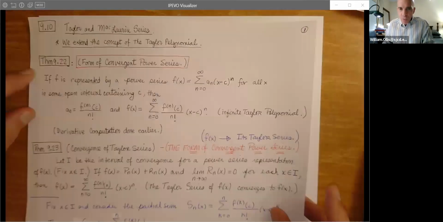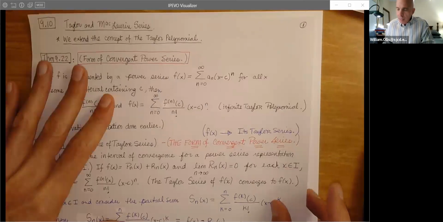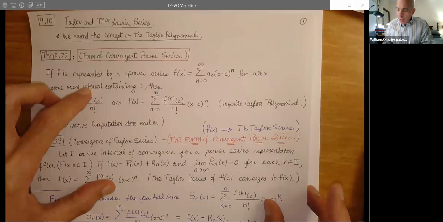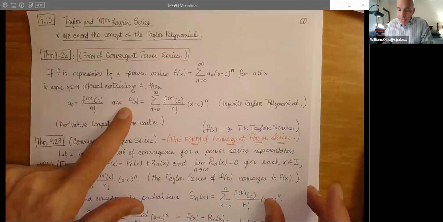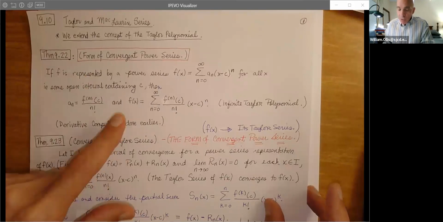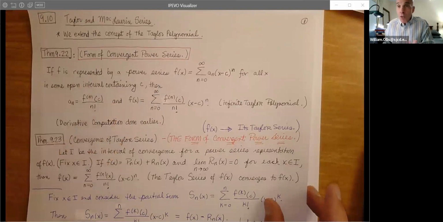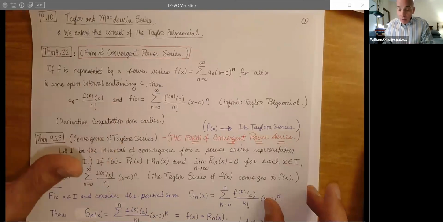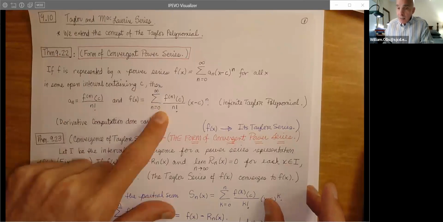Because we think about, this is what we think about as we go back. These were the notes. Again, you find these on Blackboard, another version of these, but we start out with the fact that if we have a power series that's convergent on some interval, in this case containing c, then this must be the case.